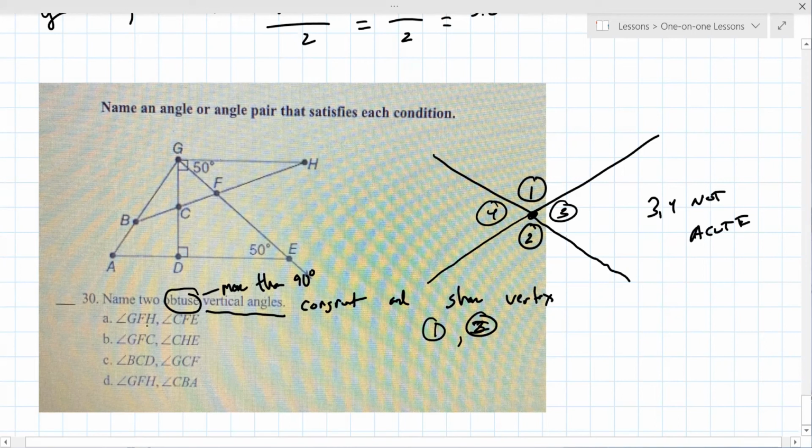So we're just going to look at these one by one. G to F to H. That one looks obtuse to me. Looks kind of like what I made there. C to F to E. See how C, F, and H are collinear, and G, F, and E are collinear. That means that this angle right here and this angle right here, they're congruent and vertical.